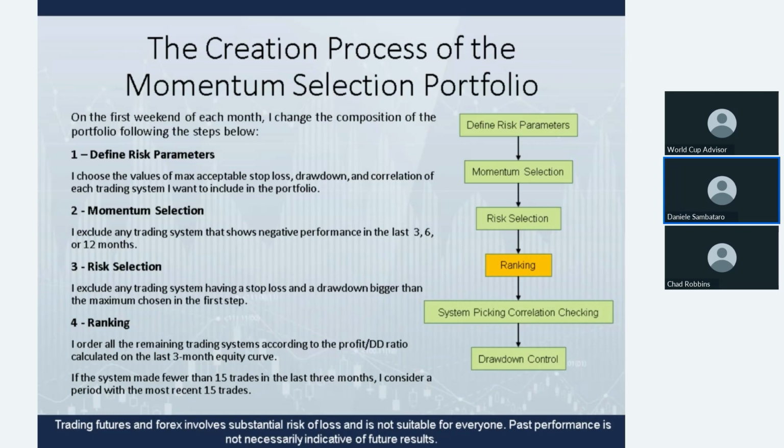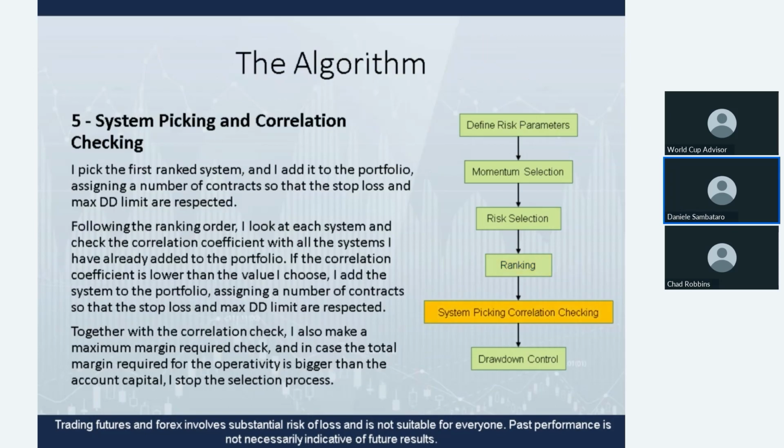So after the ranking process is completed, I'm ready to pick the systems that will be part of the portfolio. I pick the first ranked system and add it to the portfolio, assigning a number of contracts so that the stop loss and max drawdown limits are respected.